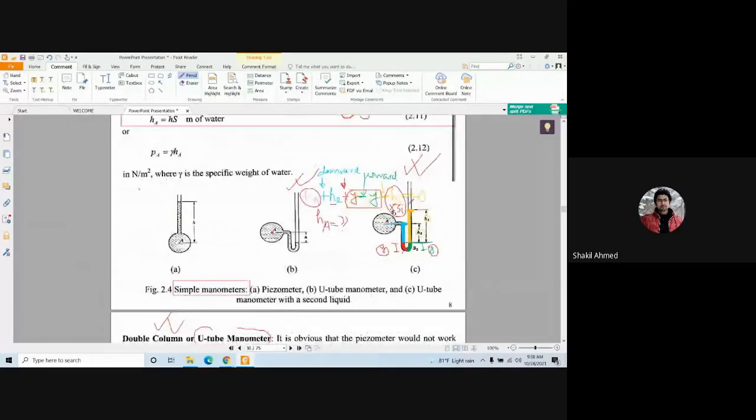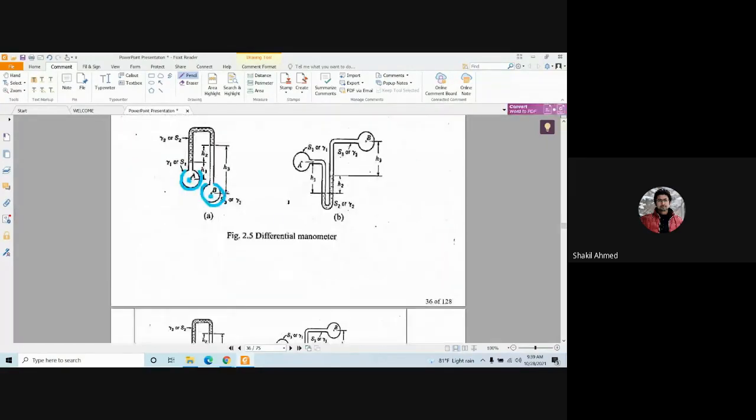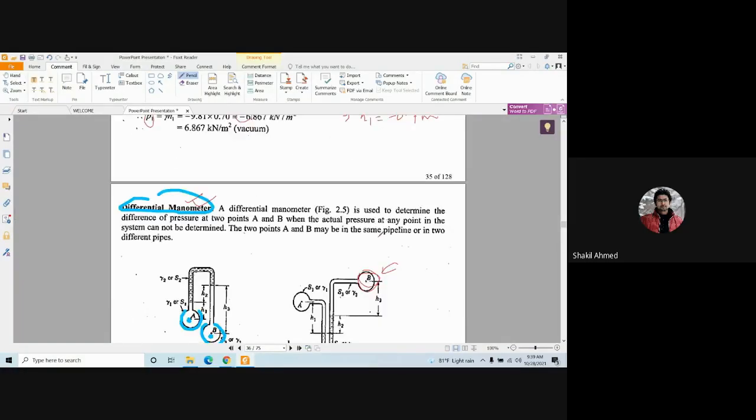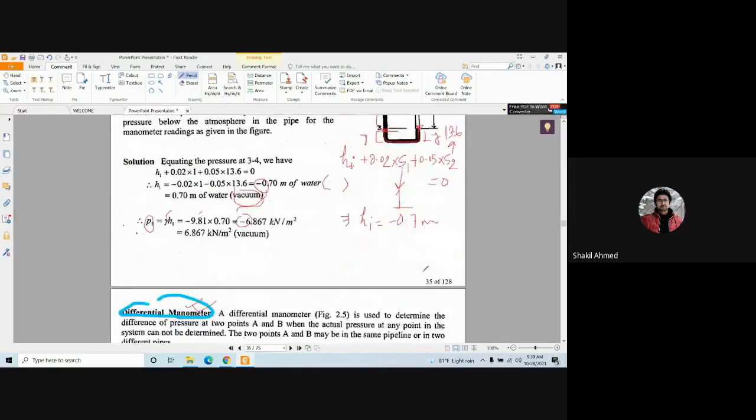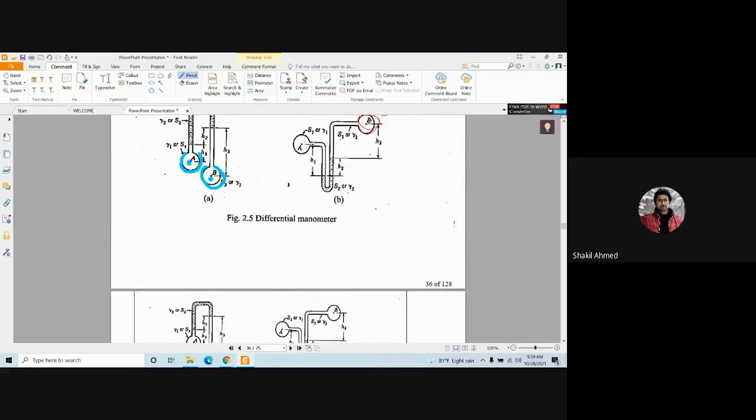This is open to atmosphere at this point, so you have written equals to 0. Now, if instead of being open to the atmosphere, this is connected to another pipe where there is pressure, then this will not be 0. This will be equal to that pressure. That's it.